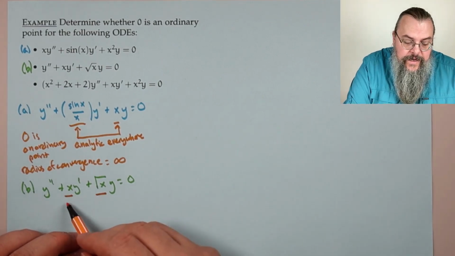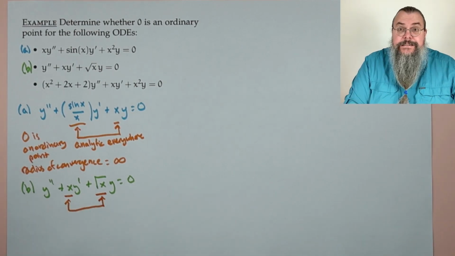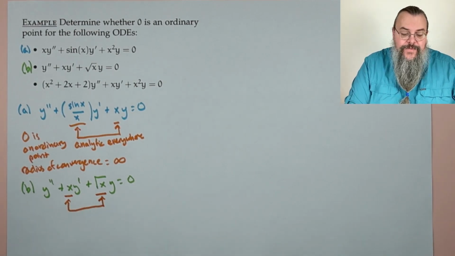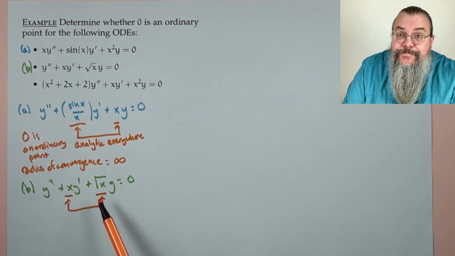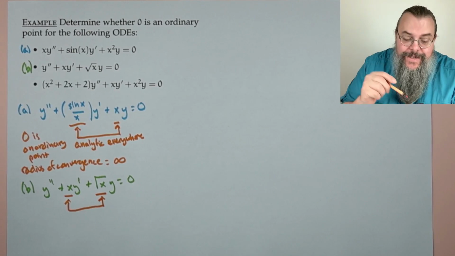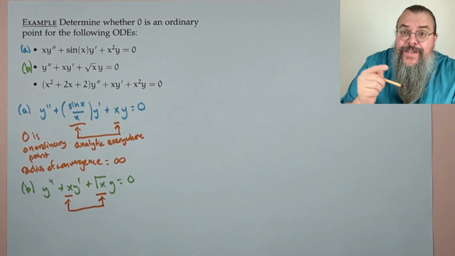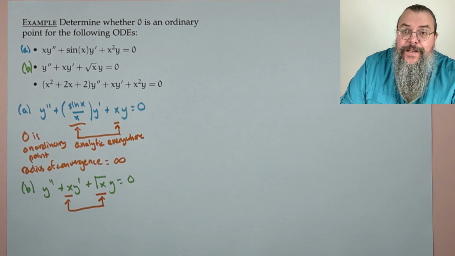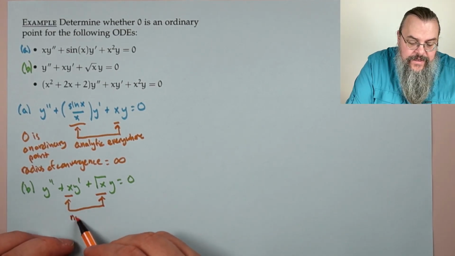And we say, all right, x, beautiful. Square root of x, that's not beautiful. The problem is, what's true about square root of x? Well, at x = 0, it's only defined for positive x, and moreover, it's coming in pretty steep. So this is not analytic at 0.